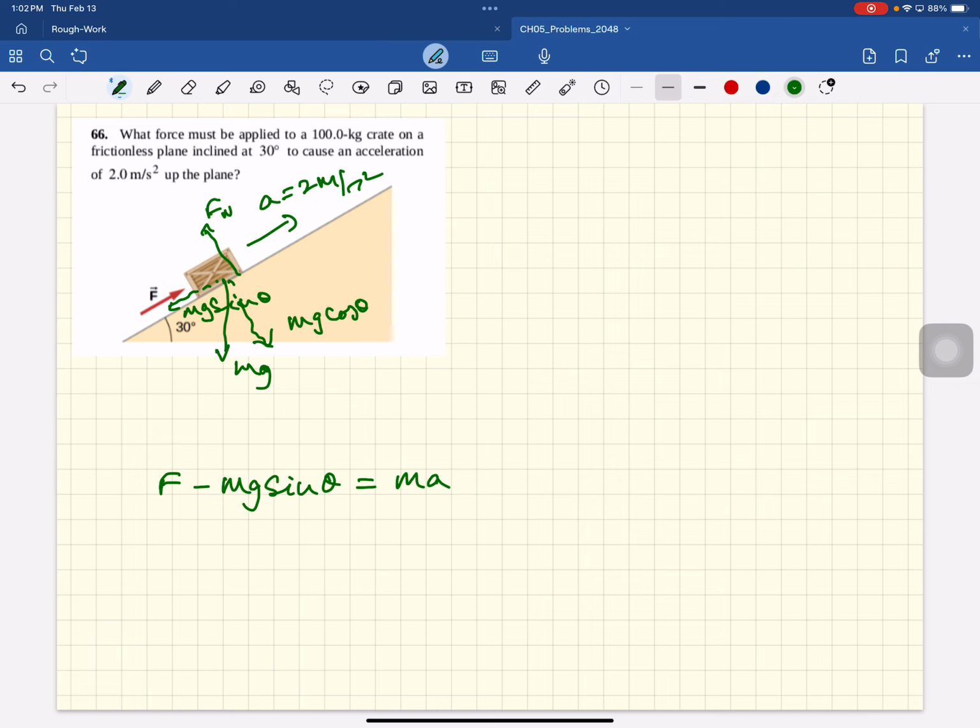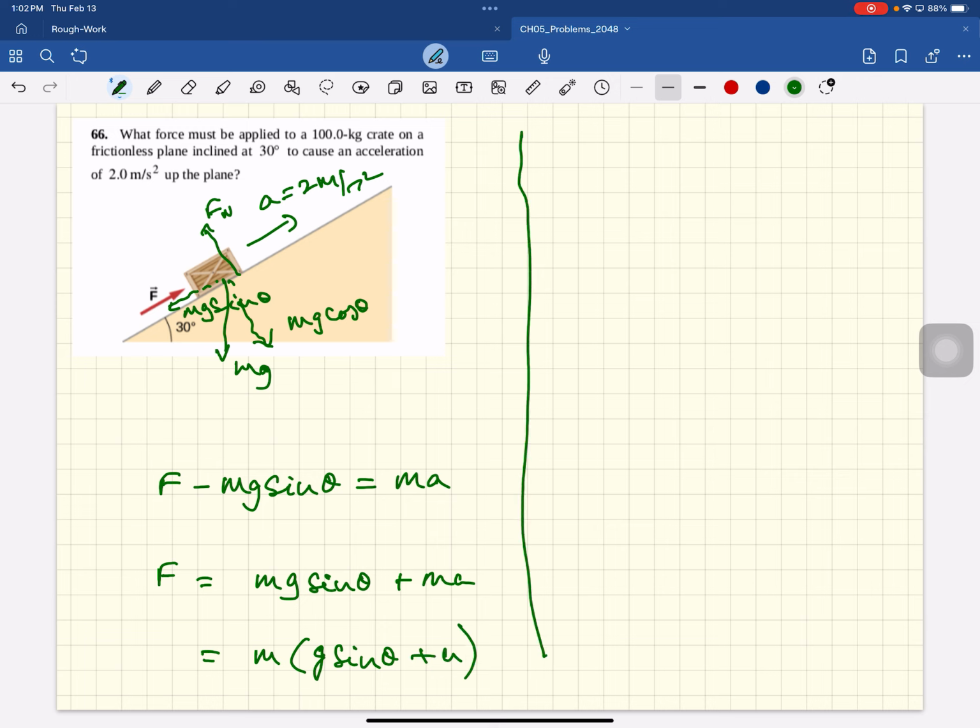All right, so what is it that we want to find? What force? F is equal to mg sine theta plus ma. That's the force you need to apply. Let me do g sine 30 plus 2, and I'll write 2 in terms of g.